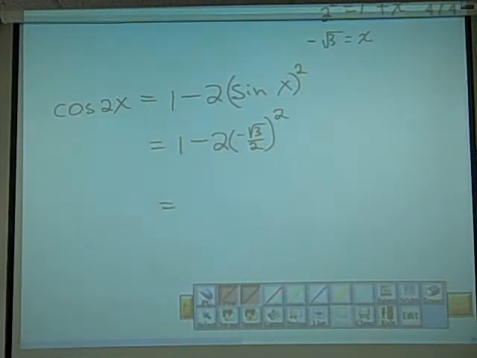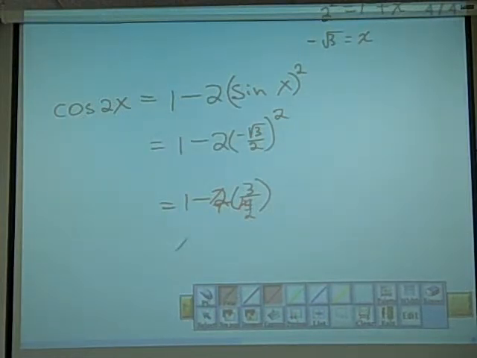Okay, so that makes this 1 minus, and of course we have to operate the exponent first, so that'll be 3 over 4. And we can cancel 2 into 4, and that's a 2.